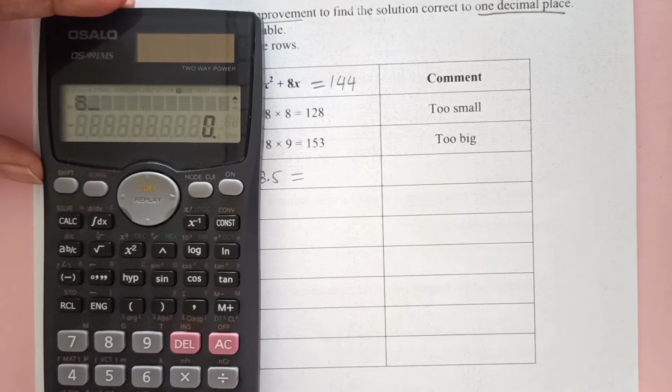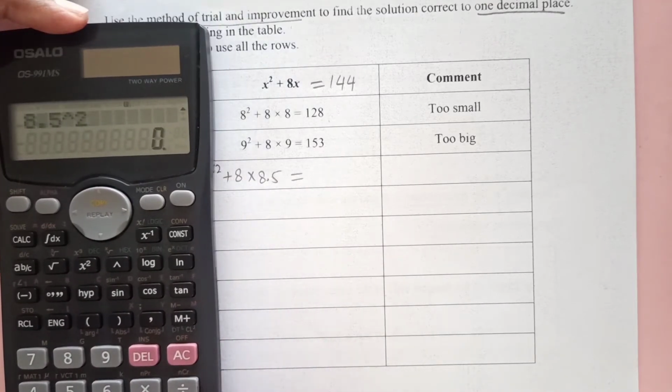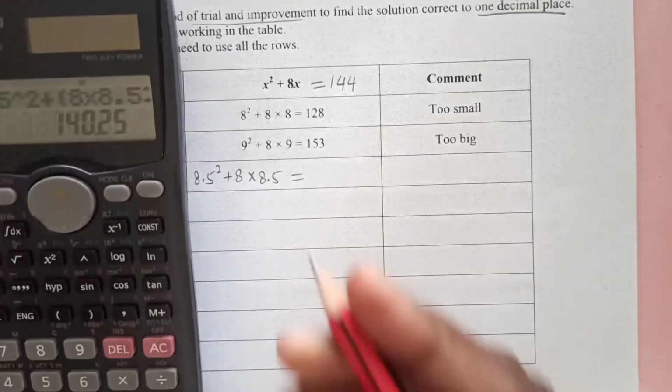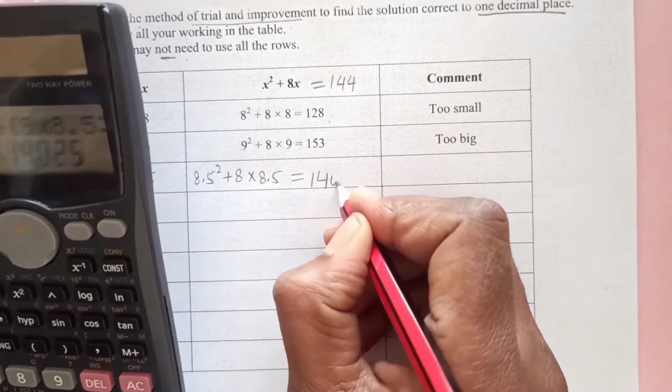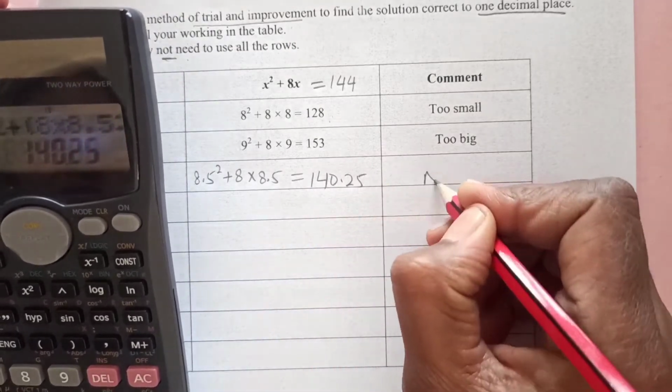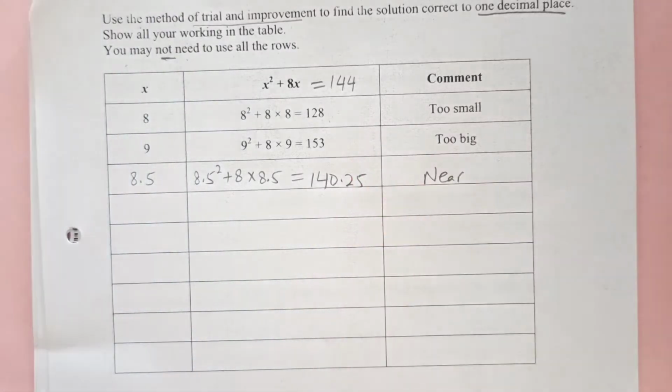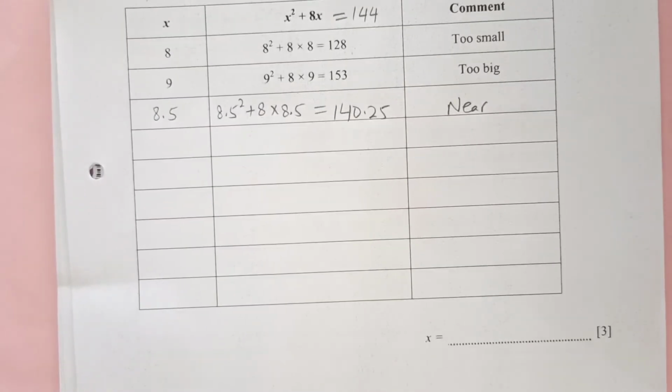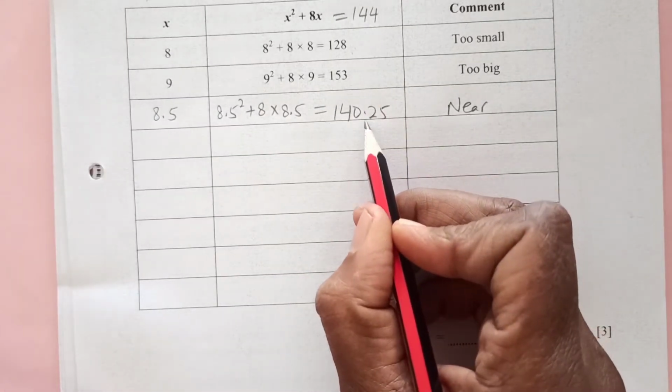8.5 squared plus 8 times, I will take a bracket here, 8 times 8.5. Which is 140.25. So this is a bit nearer than that one, right? Let's see, it is going nearer.